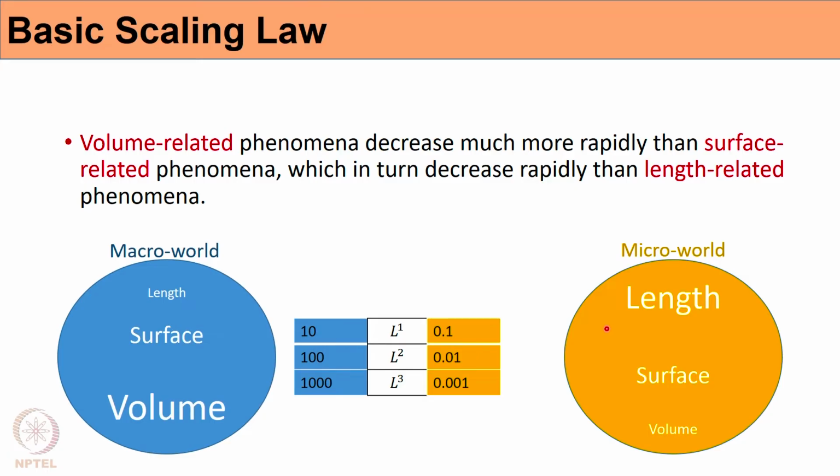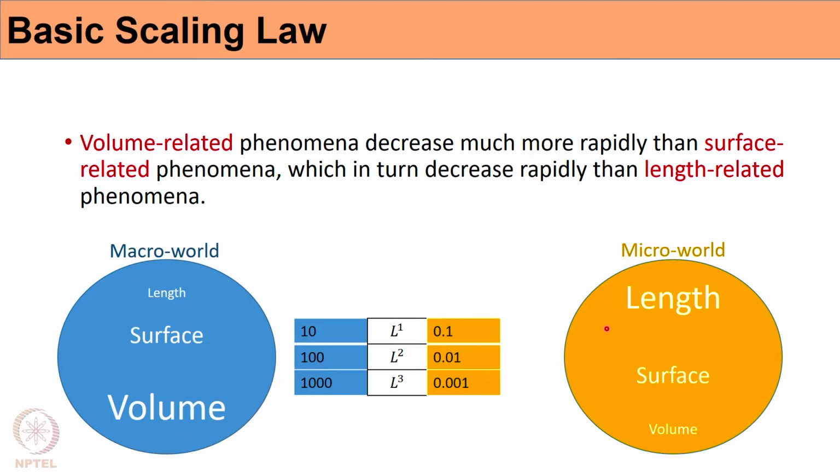Whereas some phenomena which are surface dependent go by 100 times higher or 100 times lesser if we scale up or scale down. Similarly, the volume related phenomena are scaled up by 1000 times or reduced by 1000 times while we change the dimension by 10 times.